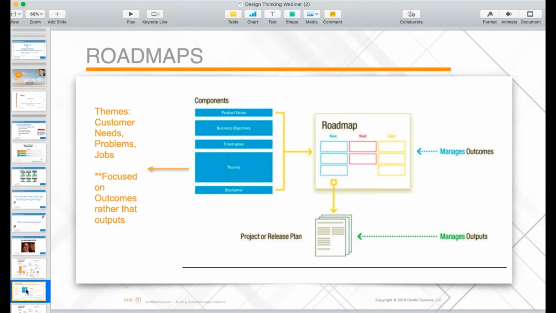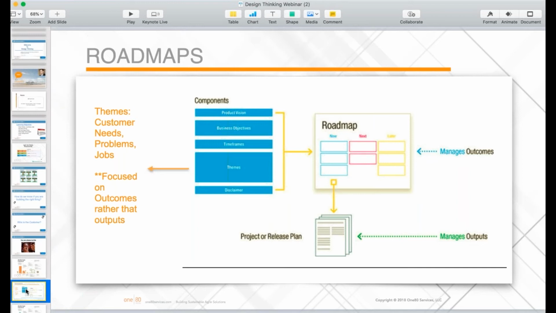An output would be a screen or a report or something like that. But the outcome is what we're actually providing it for, right? We need to have something so we can analyze XYZ data. That is an outcome. The report is an output, right? I need a way to successfully manage my shopping cart, right?